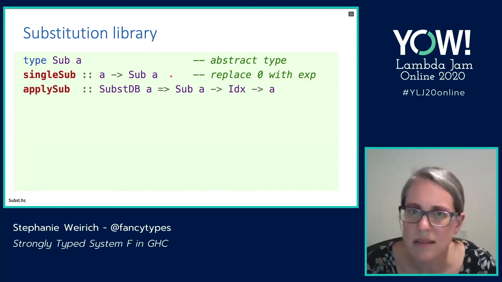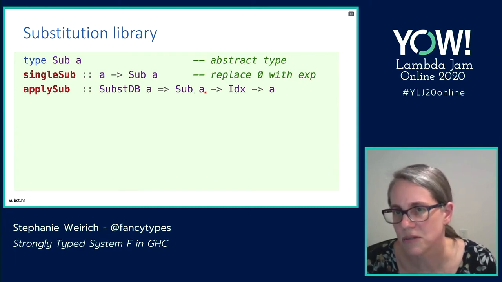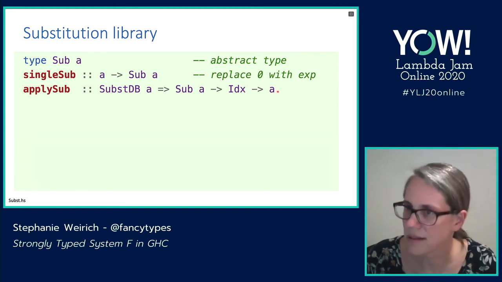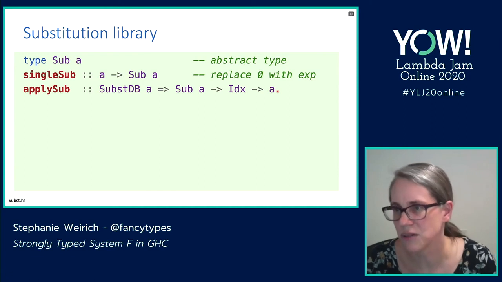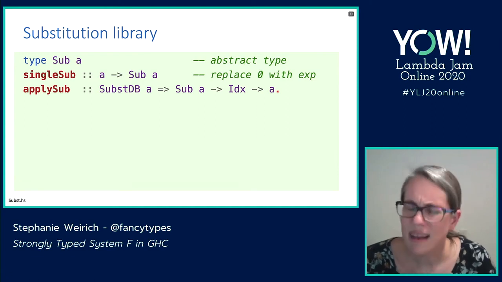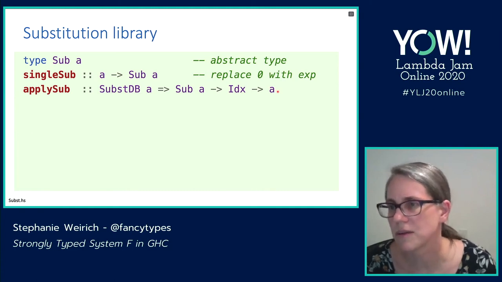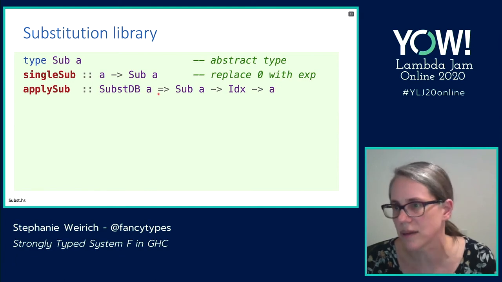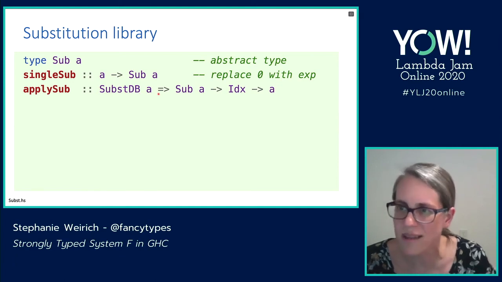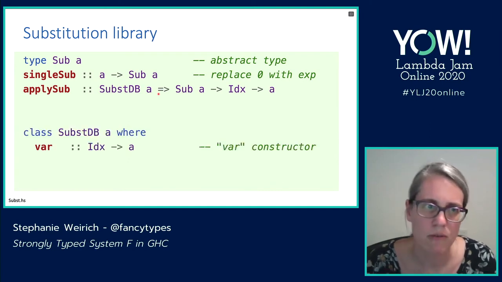Now, what about this apply sub? So when I take a substitution for A's and I get an index, I should get an A back out, right? I'm looking up that index in that substitution. But I need a little bit of extra information from my language to be able to do this generically. And that's what this type class constraint is about. The type class constraint is holding the information from the language that I need, right? So what do I need for apply sub?